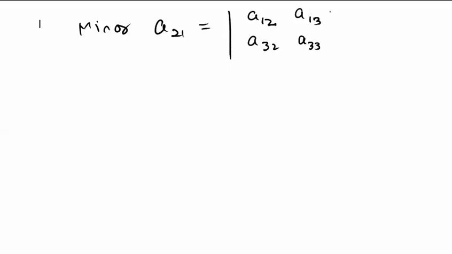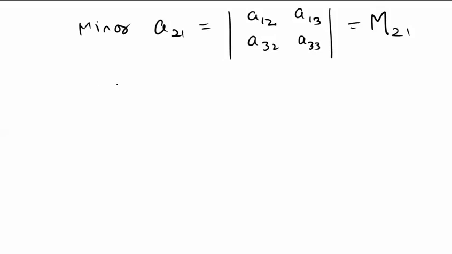This will be a small determinant of order 2. This is the minor M21. Clear? Let us take one more example.